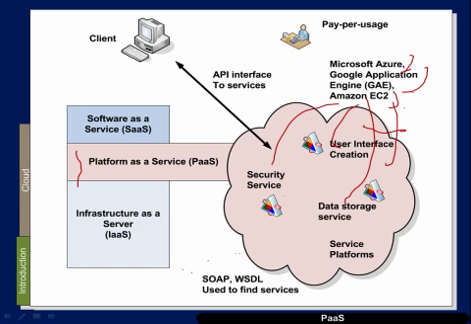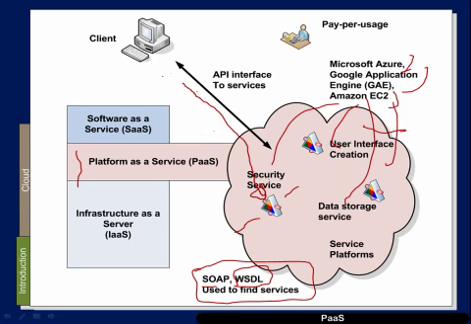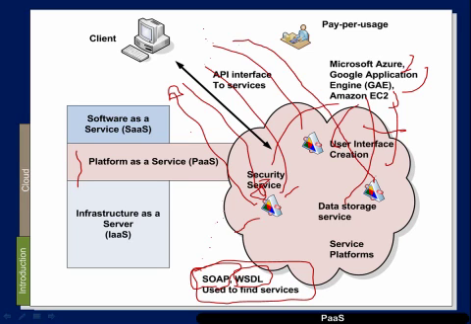The typical protocols used to find these services and to find out how they operate and how to interface to them are SOAP and WSDL. These protocols allow us to interrogate the service to find out what it does and what the formats are of the data transfer. And SOAP allows us to seamlessly go between services on different types of operating systems.